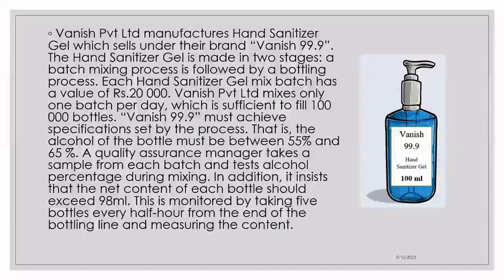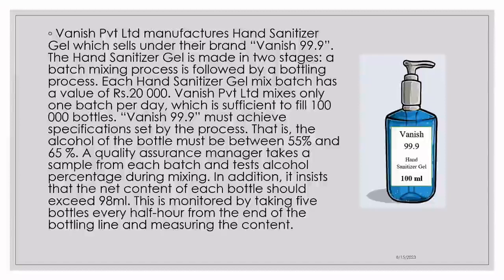This is monitored by taking 5 bottles every half hour at the end of the bottling line, right? By using those bottles, they are going to check whether they have filled at least 98 milliliters in each and every bottle. Then from some batch, they are going to take 5 bottles and see it.